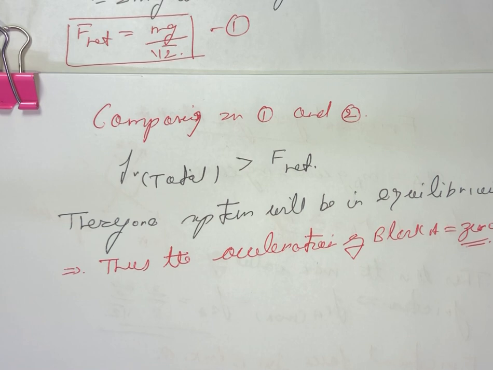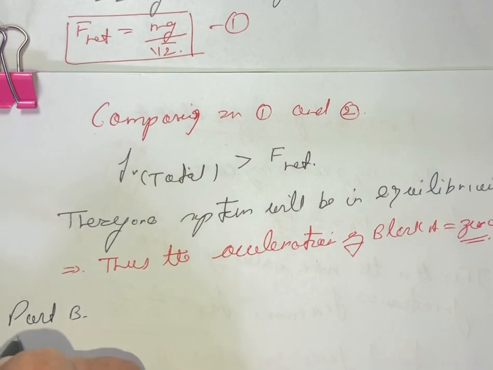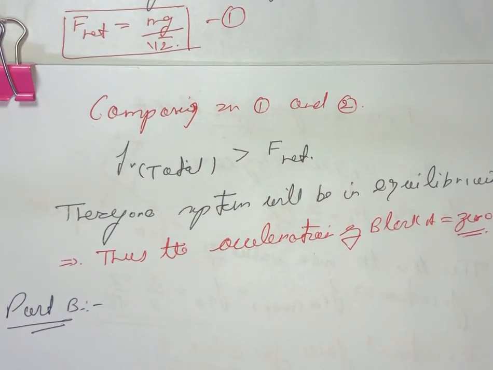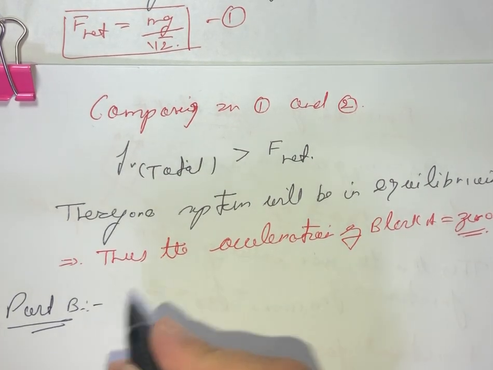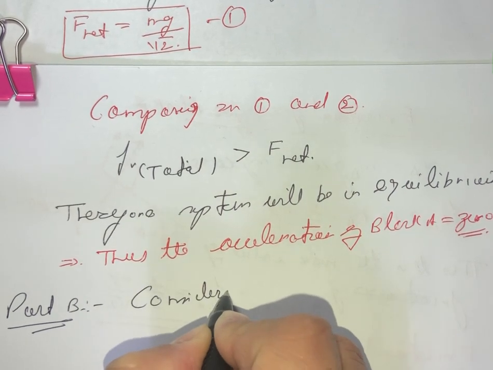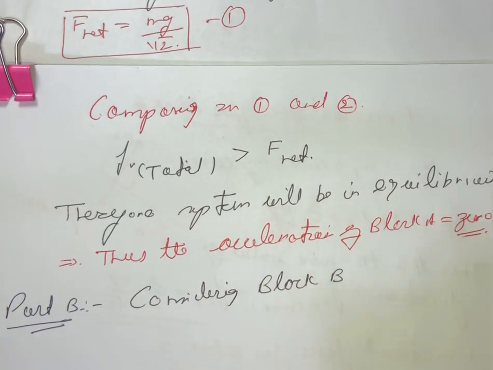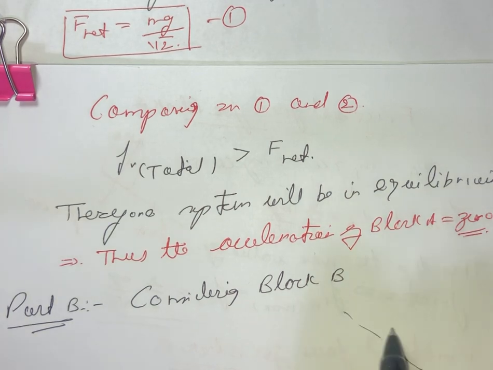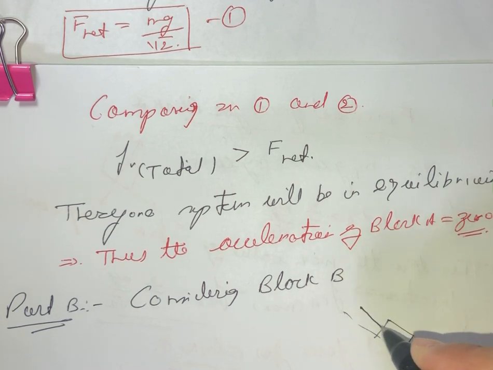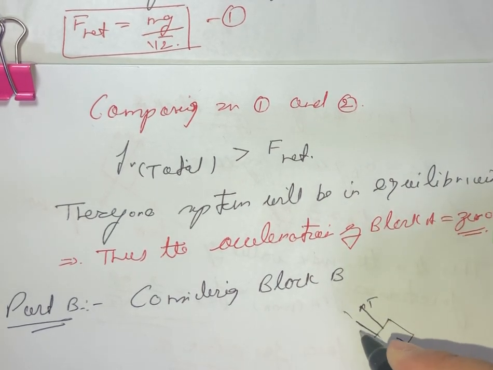Let's find out what will be the tension now for part B. So let us consider block B. For block B, we have a tension T. In the downward direction we have mbg sine of theta, and also we have frictional force FR.